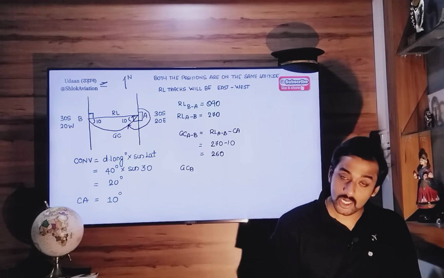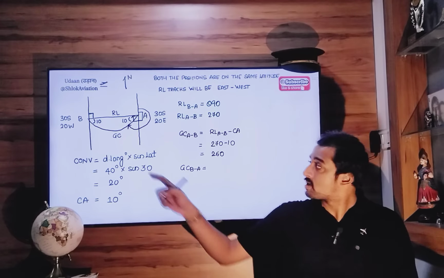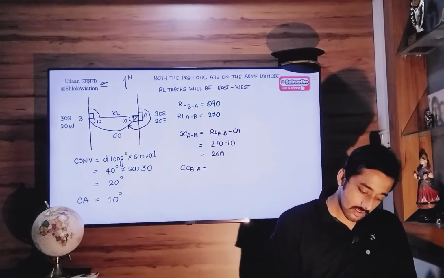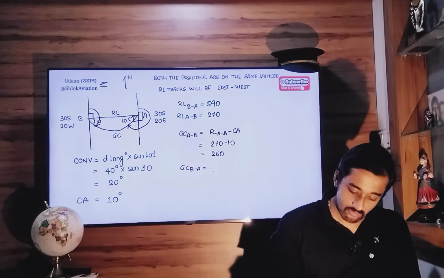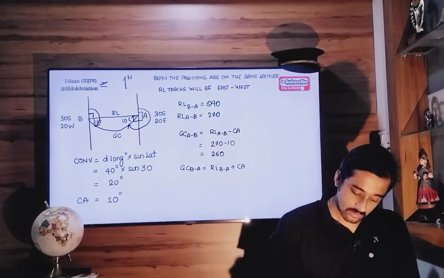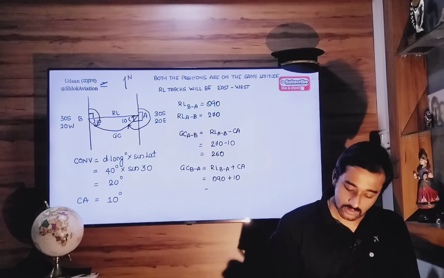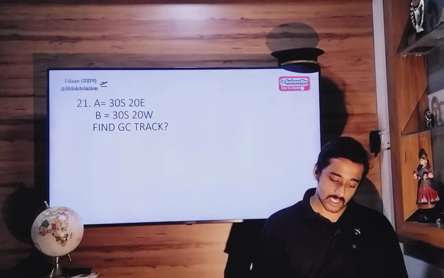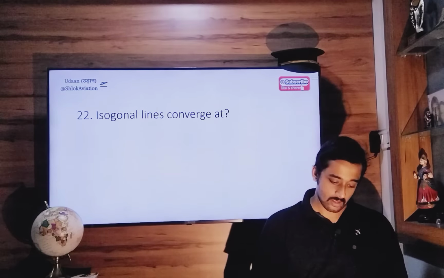And great circle B to A will be rhumb line B to A plus convergency angle. So the answer is 260 and 100.